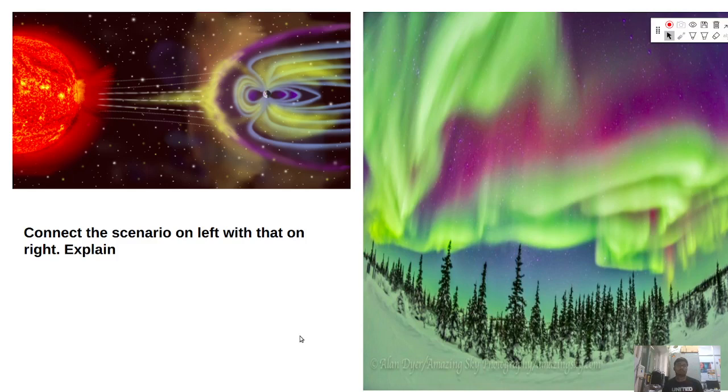So if you try to find out the connection, first of all you have the Sun here, this is your heliosphere, this is your Earth.